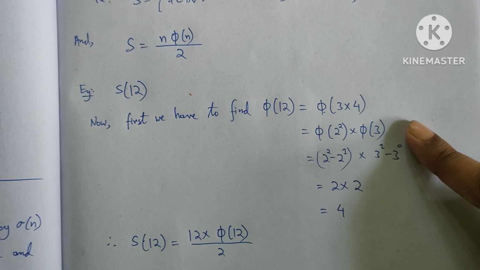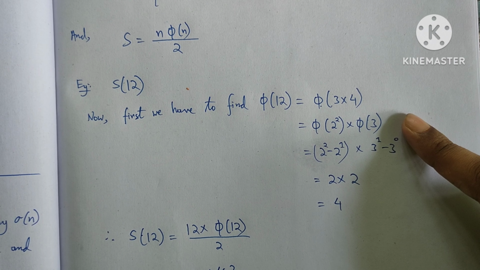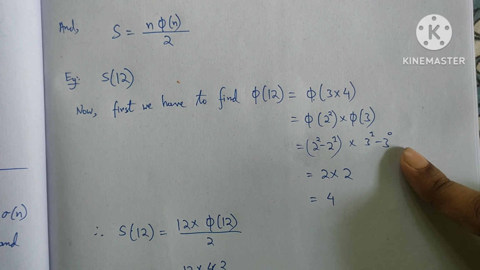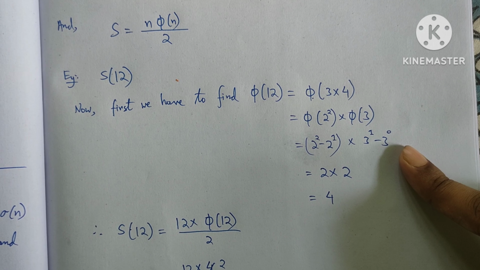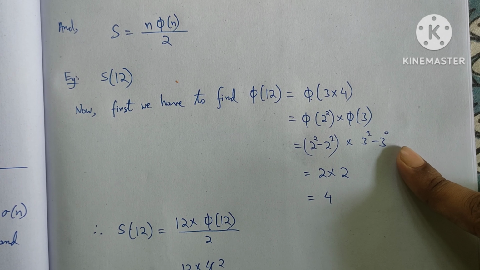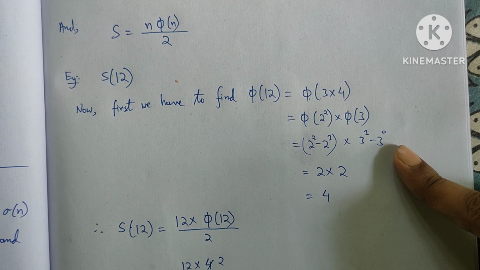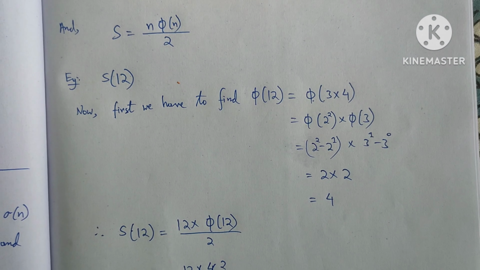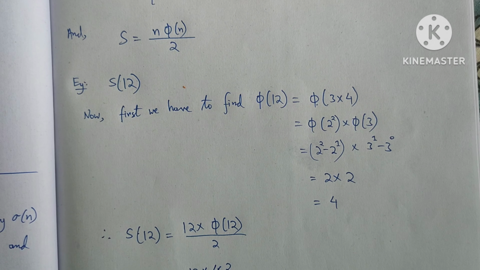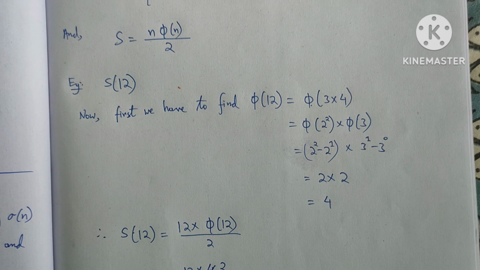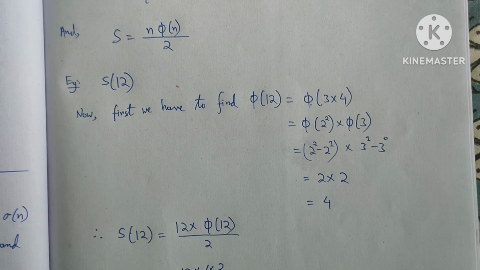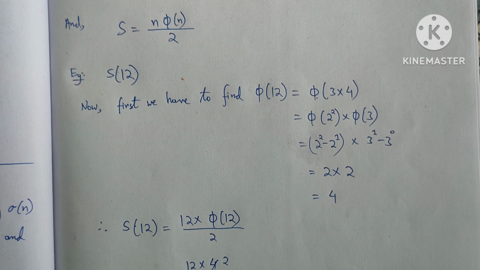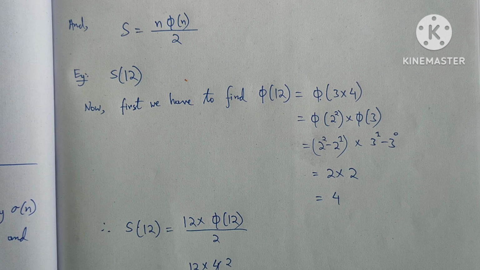Phi of 3 into 4 equals phi of 2 square into phi of 3. Why have I written this as 2 square minus 2 to the power 1, into 3 to the power 1 minus 3 to the power 0? All of this has been explained in detail in my previous lecture, in the first video of this channel in fact. So please go through it. The link will be in the description.